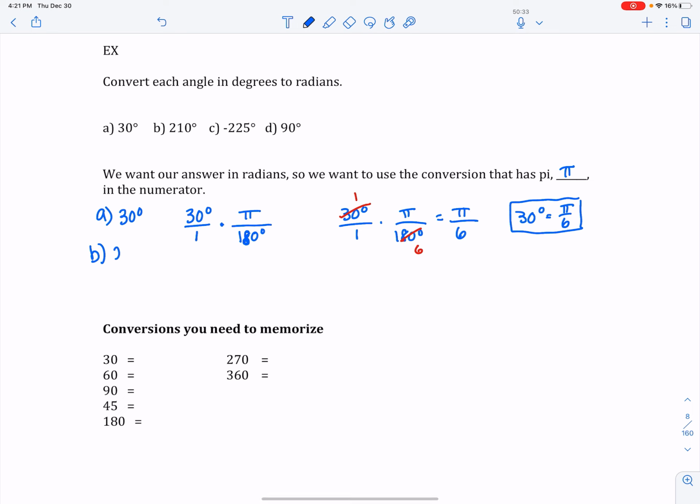B asks us to find 210 degrees. So once again, 210 over 1 times pi over 180. And we are going to reduce this down as well because I know that at least 3 goes into both 18 and 21.